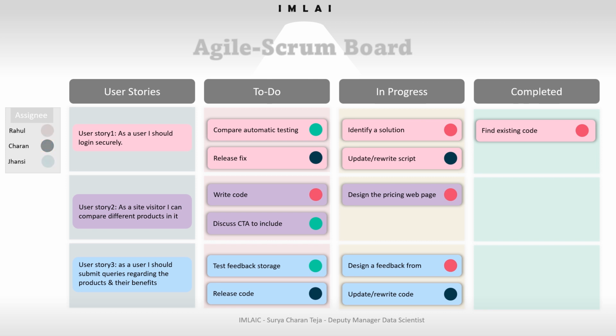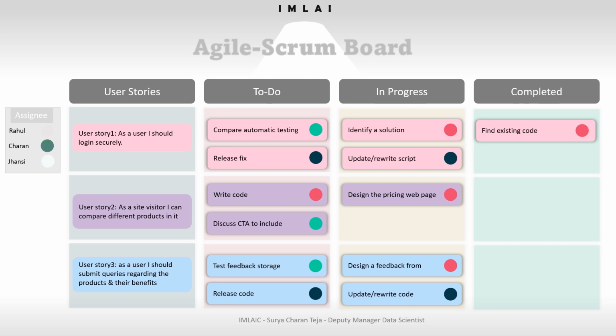These are 2 tasks from 2 different user stories. Charan is presently not working on any of the tasks. And Jancy is presently working on 2 tasks, update or rewrite script from user story 1 and user story 3.